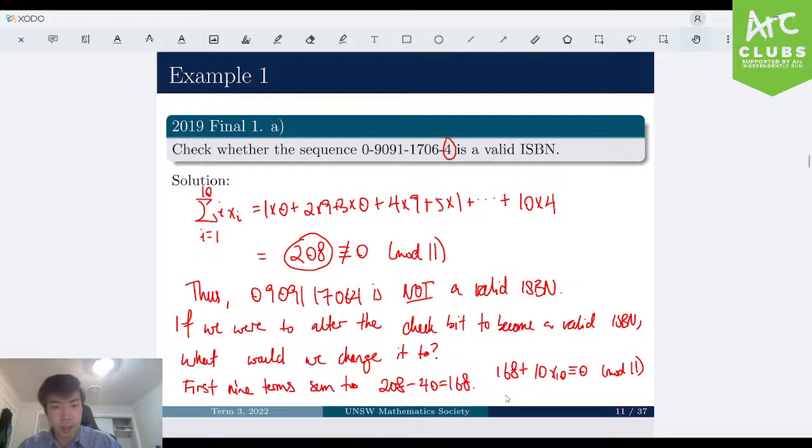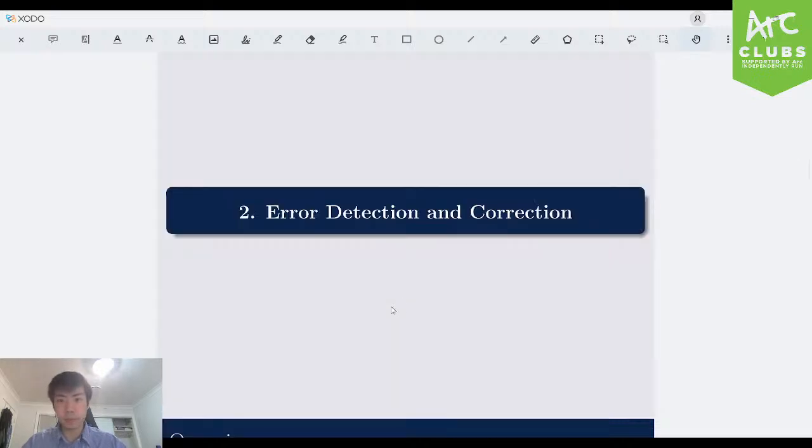So we found that 168 plus 10 times 3 is indeed congruent to 0 mod 11. And so if we want to make this code a valid ISBN code, we need this last digit to be a 3 instead of a 4. Okay?